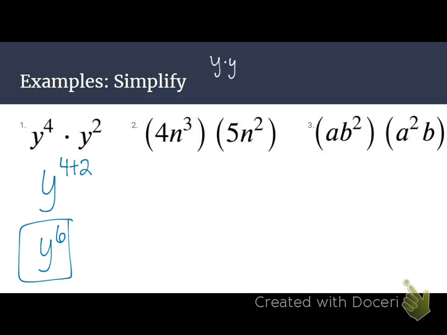So y times y times y times y. Y squared means I have how many y's? 2. Y times y. So if I were to expand it all out and count them all up, how many y's do I have total? 6 of them. That's why this is the rule. Keep the same base, add the exponents.